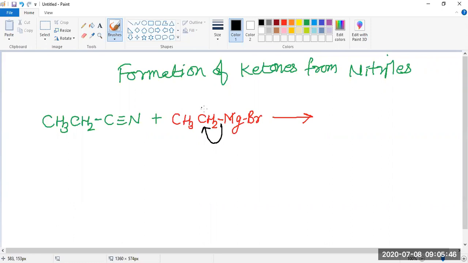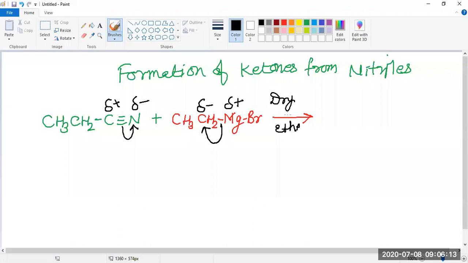So carbon acquires a partial negative charge, magnesium acquires a partial positive charge. Here also the electronegativity of nitrogen is much higher as compared to carbon. So nitrogen acquires a partial negative charge, carbon acquires a partial positive charge. These reactions will happen in the presence of dry ether. So I write here dry ether.